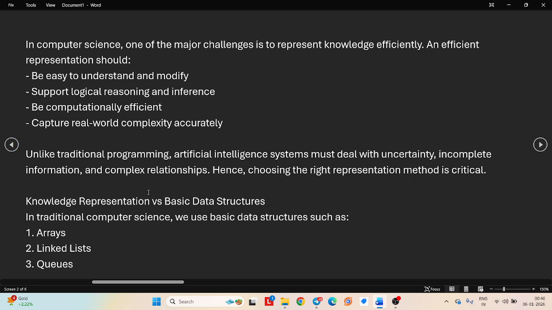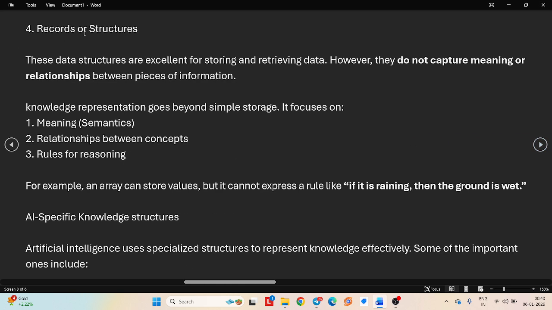So what comes under knowledge representation? We're going to compare knowledge representation and basic data structures. In traditional computer science, we use basic data structures such as arrays, linked lists and queues. Data structures are excellent for storing and retrieving data.